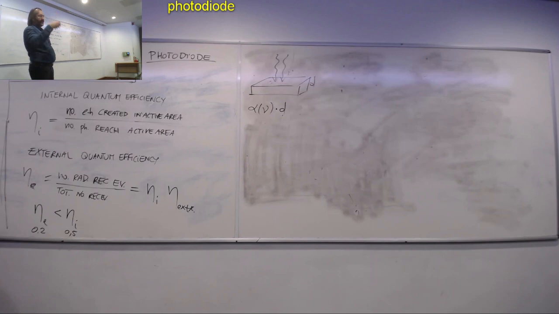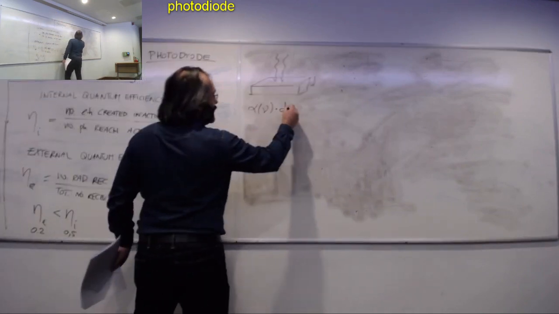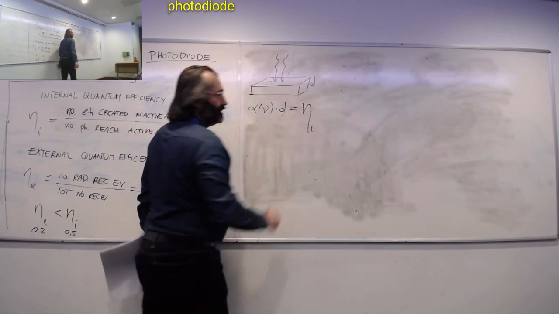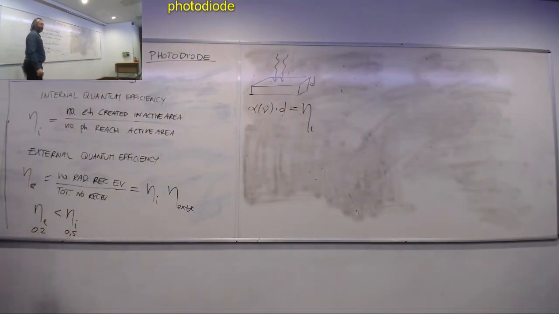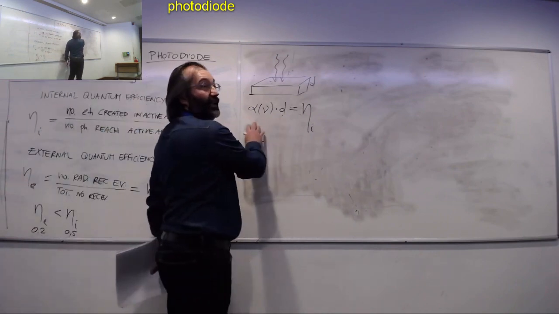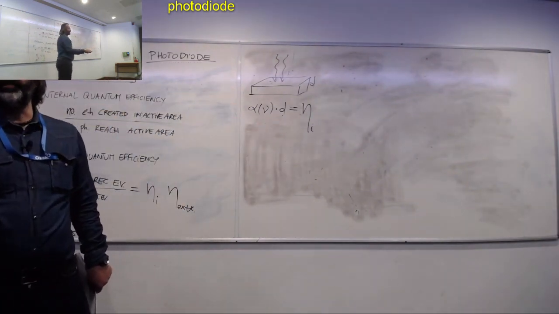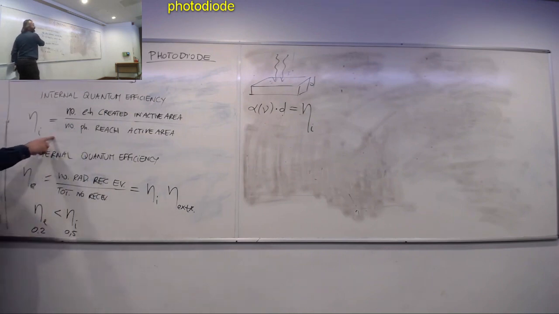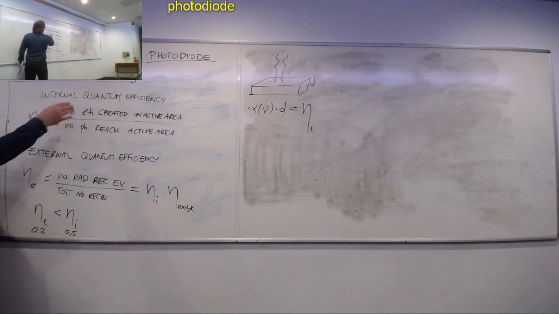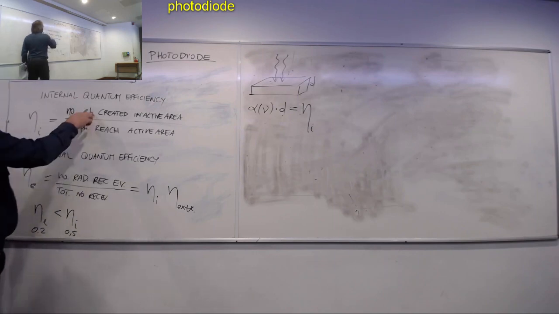That means to create an electron-hole pair. So this quantity is actually eta I. This is the probability that a photon creates an electron-hole pair. And so that's what eta I is, isn't it? The probability that a photon creates an electron-hole pair.